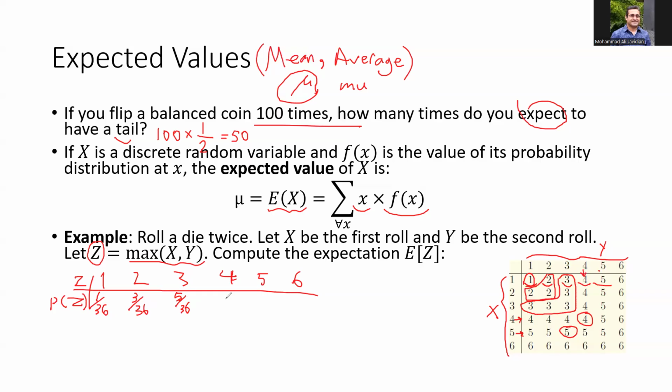How many 4s do we have? 1, 2, 3, 4, 5, 6, 7. How many 5s? 9. How many 6s? 11.